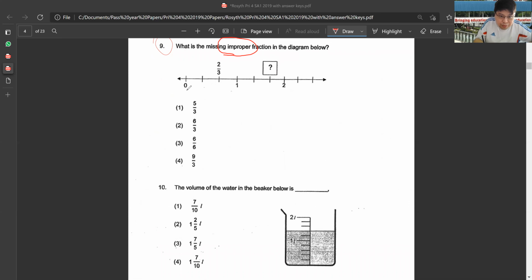Between 0 to 1, there are 3 spaces or 3 gaps. So each gap represents how many? Each gap represents 1 over 3. Yes.